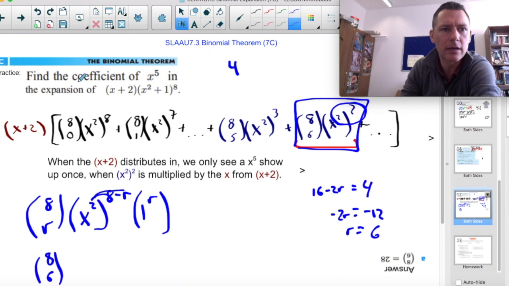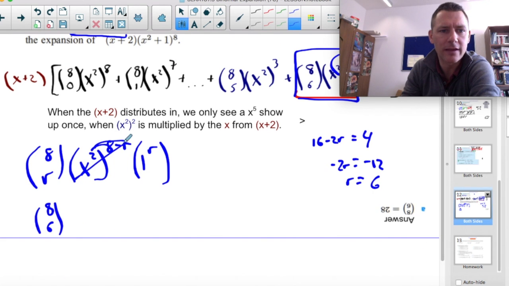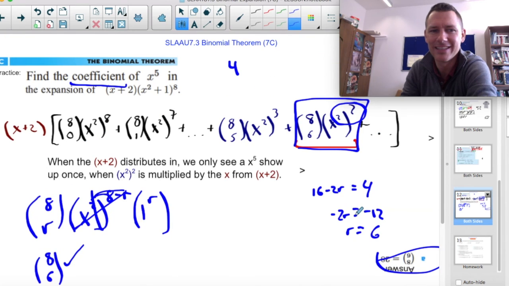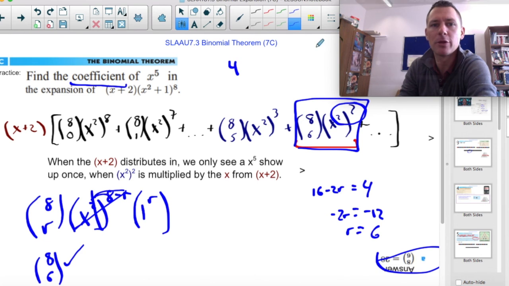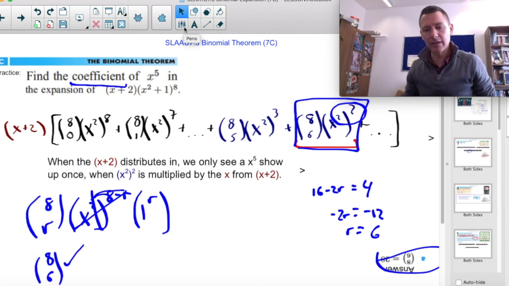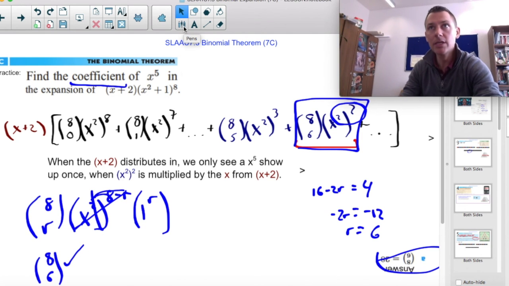They want the coefficient, and the coefficient is not the stuff with the x, so we don't care about this. And then this is 1 to the 6, which is 1, so this is just 8 choose 6, which is 28. Neat. Sorta.